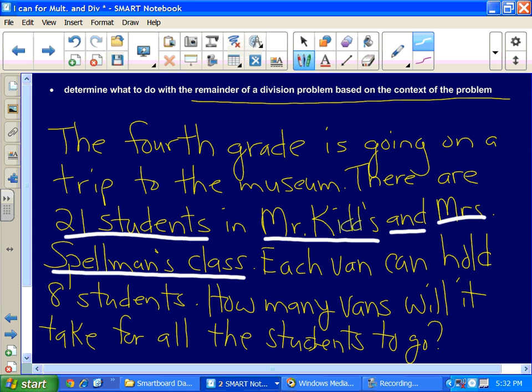Each van can hold 8 students, so we can't fit everybody in one van. We're looking for the number of vans it's going to take so that all the students can go.